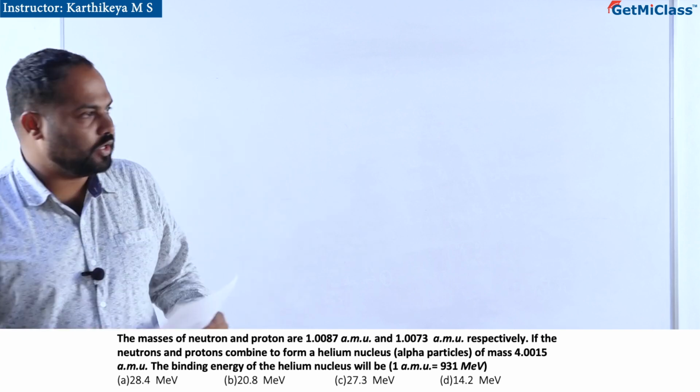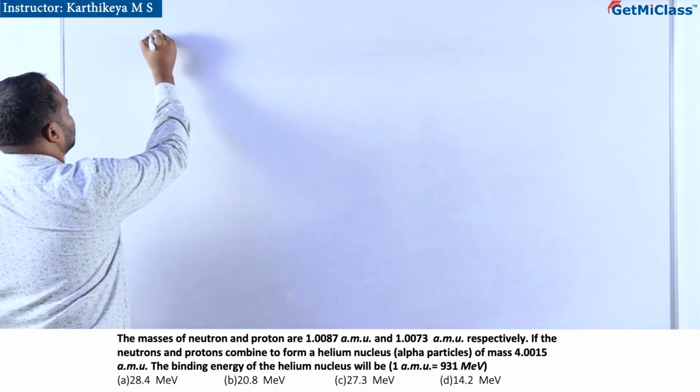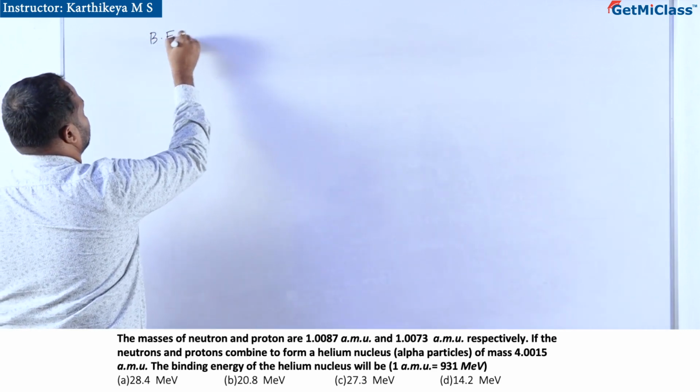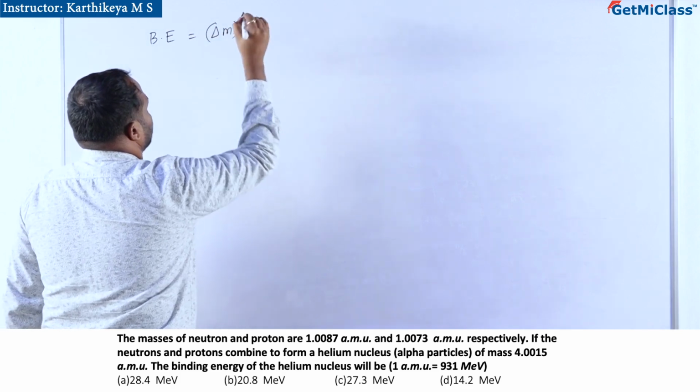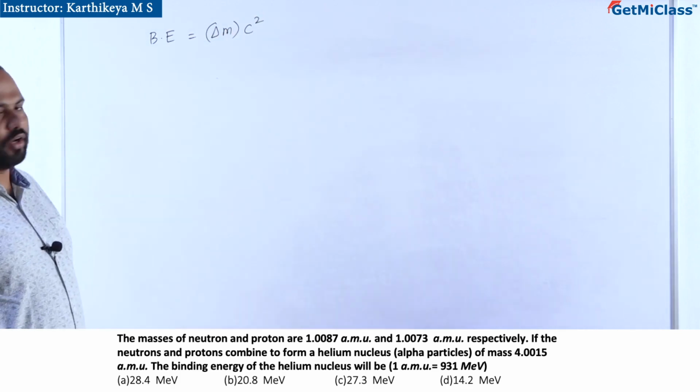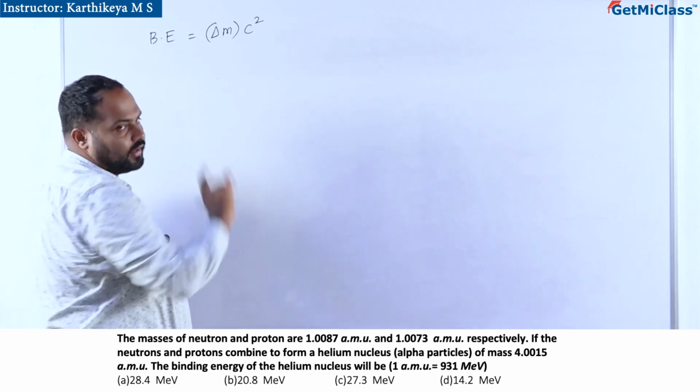So, we know binding energy is mass defect into velocity of light square.